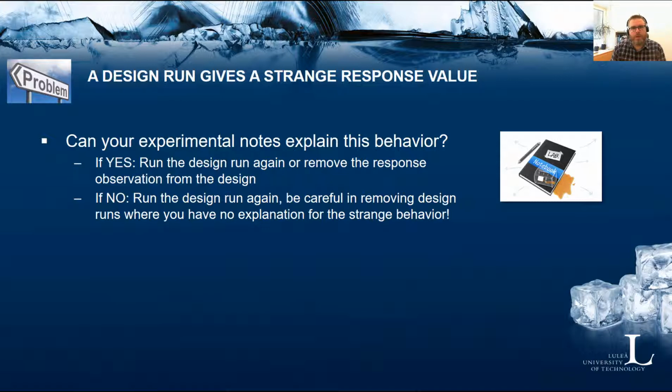If there is some evidence that something strange was going on during this design run, what we can do is run the design run again, or remove the response observation from the design. Then we have some evidence that this deviating response value is actually faulty and should be removed.